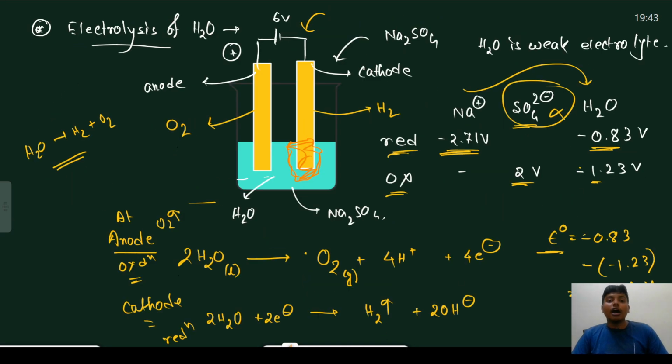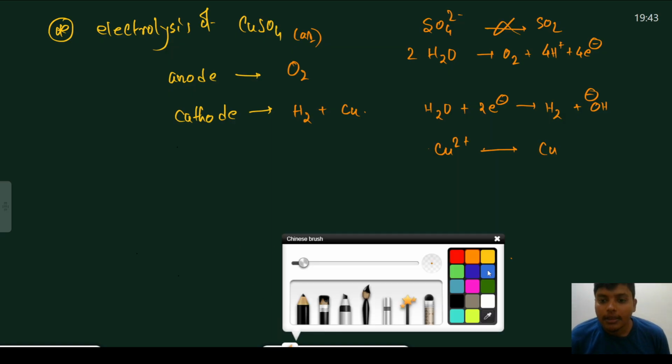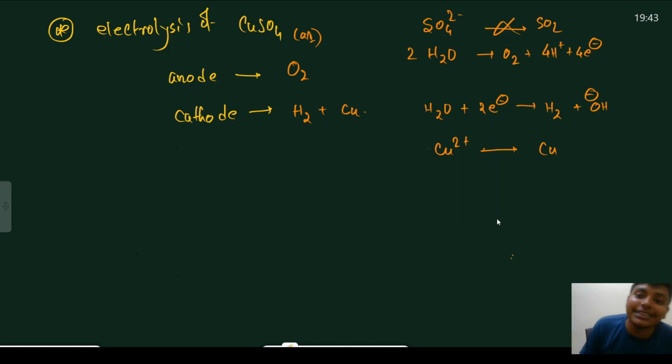Now the question is how much amount do you get? Like oxygen is forming, hydrogen is forming, how much will you get? How do we know how much gas is evolving, hydrogen or oxygen? To determine that, there was a scientist whose name is Faraday.